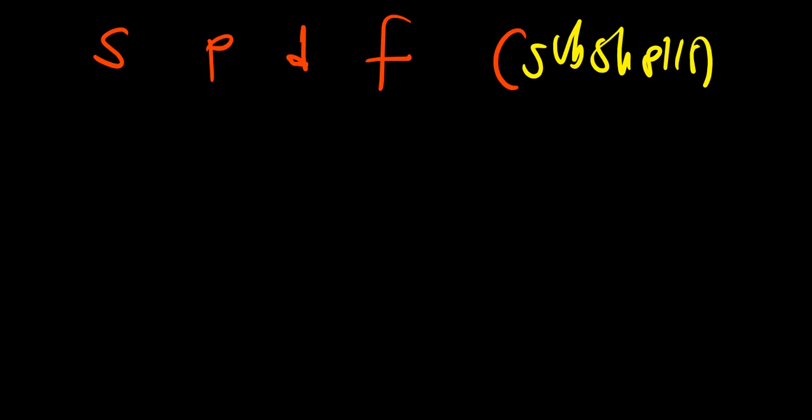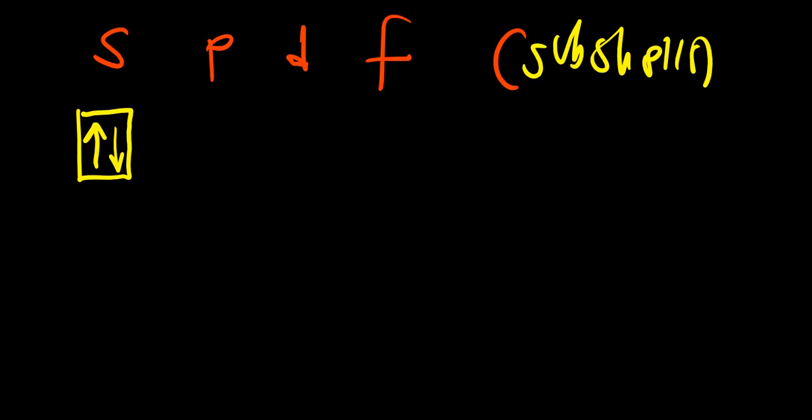A subshell is composed of one or more orbitals, and an orbital is the region or space where there is the highest probability of finding a particular electron, like we said. Let me represent an orbital as a box. Each orbital can hold 2 electrons, and let's represent electrons as arrows. Each orbital has that capacity.